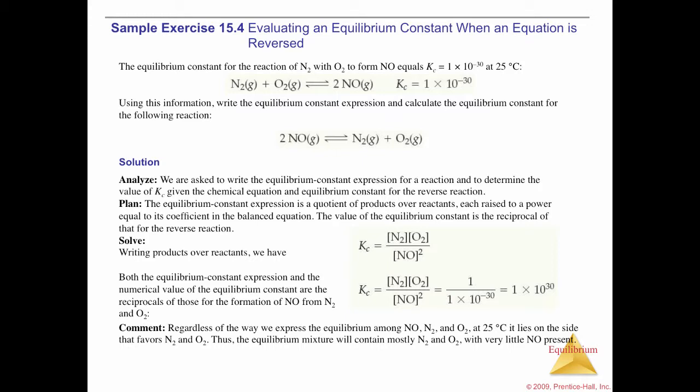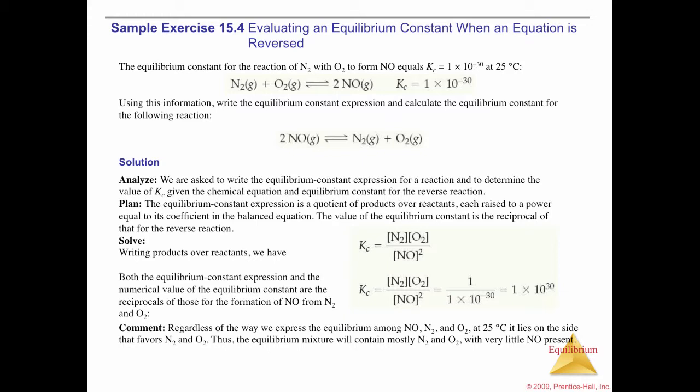So we can see that the reaction has just been reversed. And so the equilibrium constant expression is a quotient of products over reactants, each raised to a power equal to its coefficient in the balanced equation. The value of the equilibrium constant is the reciprocal of that for the reverse reaction.